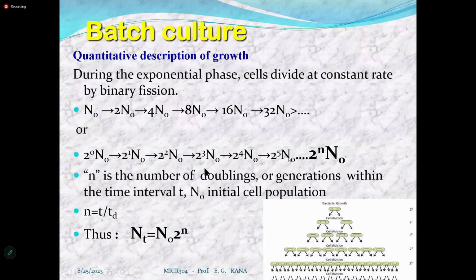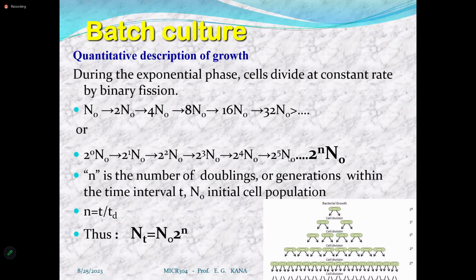Now, let's look a little bit at the calculation. You start from a population of cells N0, to 2 daughter cells, 4 daughter cells, and so on. The same expression can therefore be represented by 2 to the power of n multiplied by the initial cell concentration N0.